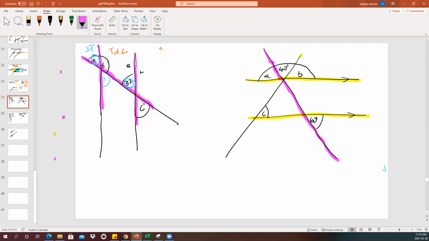All right, so this 60 right here is going to be complementary to the angle that is right here. Now we don't have that angle under consideration, but we can use it to help us to answer the question, right? So this 60 here is a complementary angle.